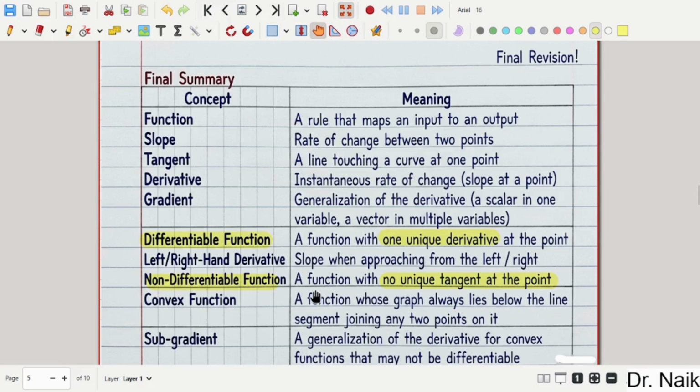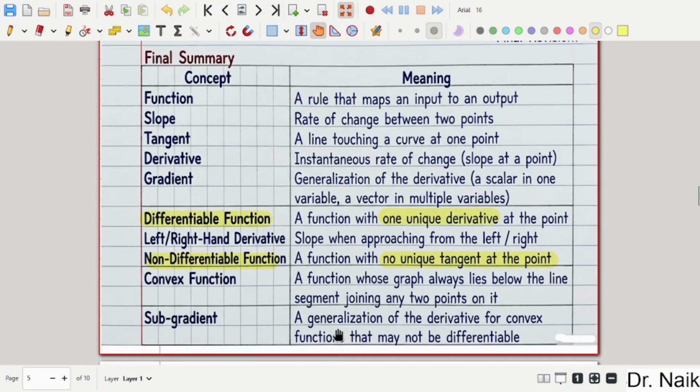A non-differentiable function is a function with no unique tangent at the point. A convex function is a function whose graph always lies below the line segment joining any 2 points on it. A subgradient is a generalization of the derivative for a convex function that may not be differentiable.